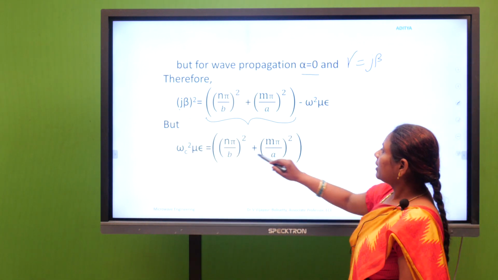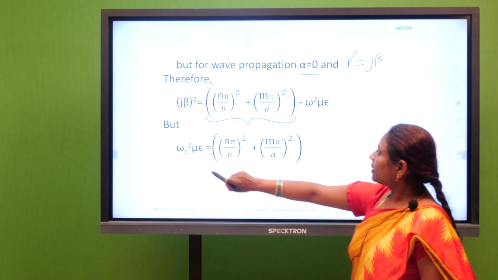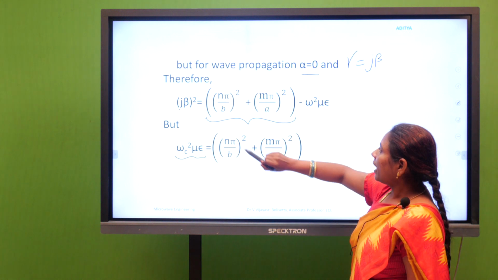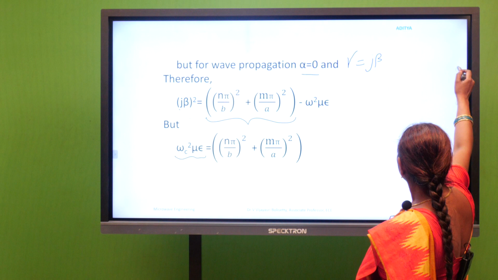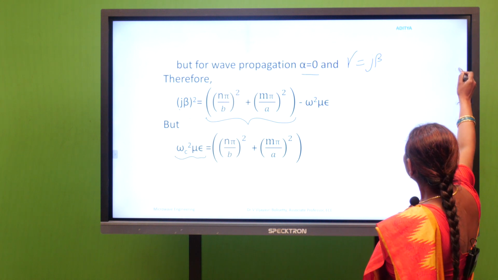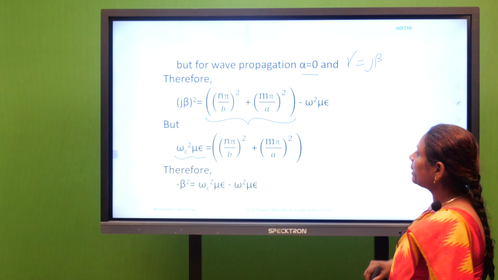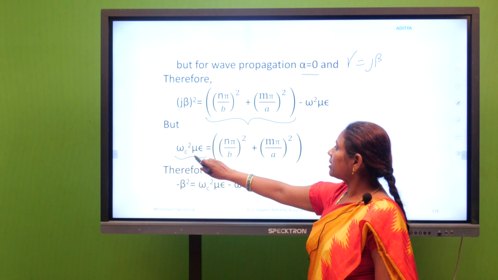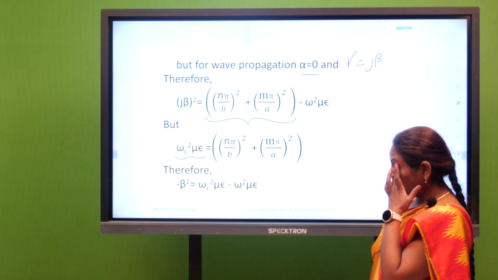So let us substitute this omega c square mu epsilon in this place and obtain the equation. That is, j beta whole square we can write as minus beta square, and this term is replaced with omega c square mu epsilon minus omega square mu epsilon.